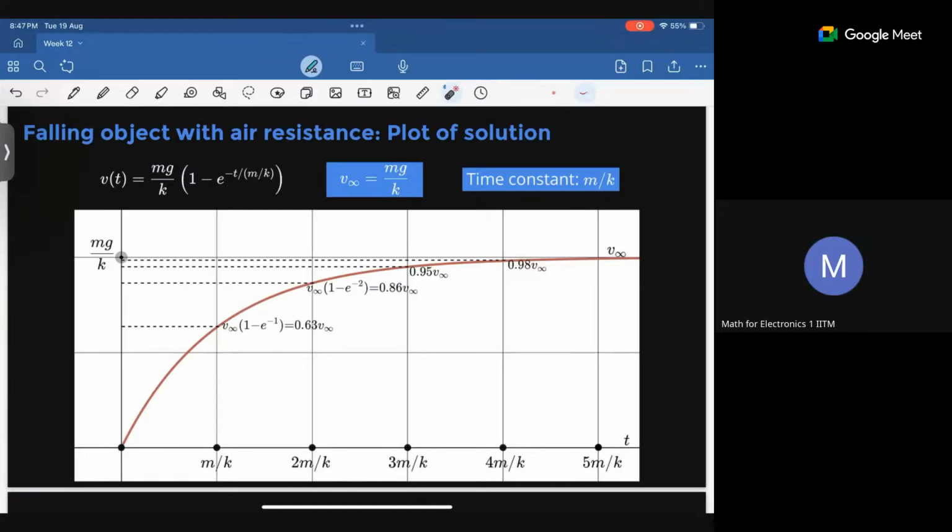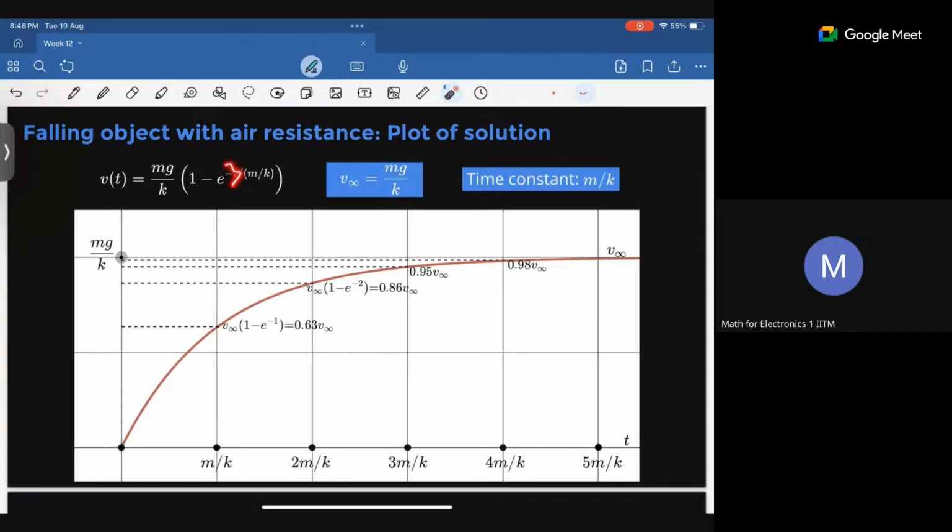So this is e power minus 1 divided by m by k, and we'll take m by k to be 1. And then at t equals 2, it will be e power minus 2 divided by m by k.